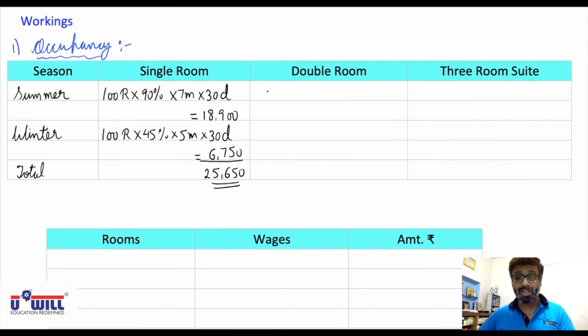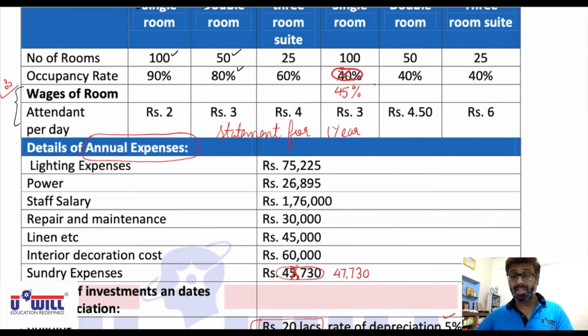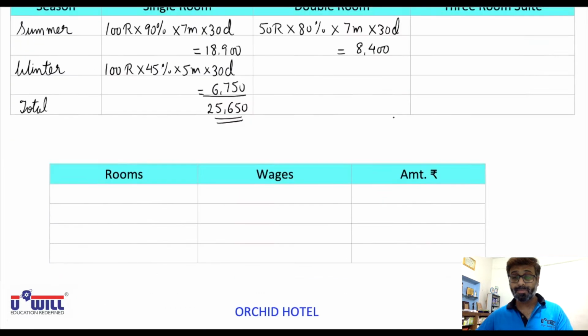Now occupancy of double rooms: 50 rooms, 80%. So 50 rooms into 80% into 7 months into 30 days. 50 into 80%, 40, into 7, 280, into 30, 8,400. Then same 50 rooms, 40% is the occupancy in winter and 5 months.